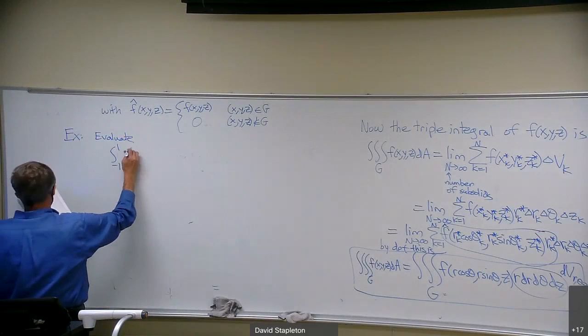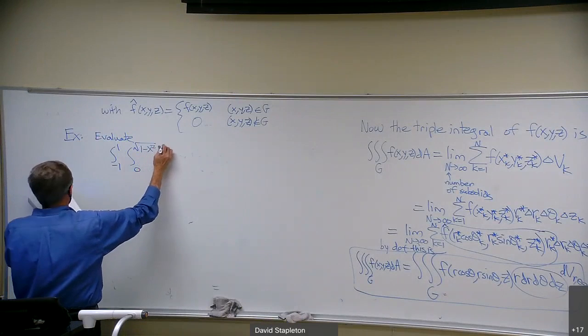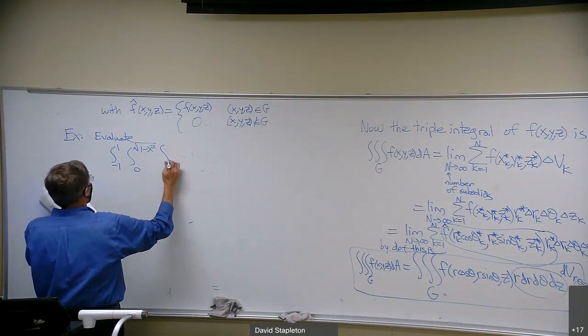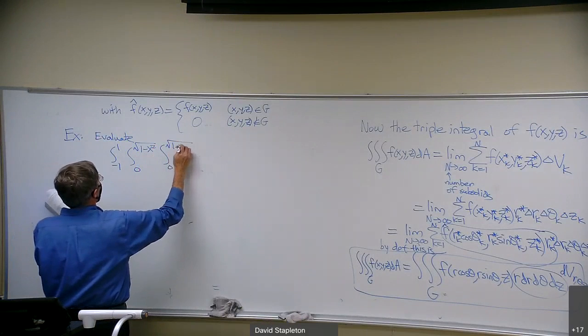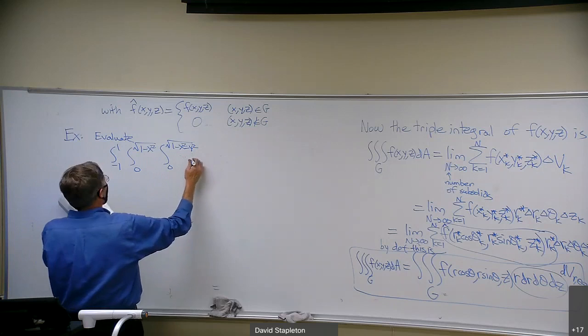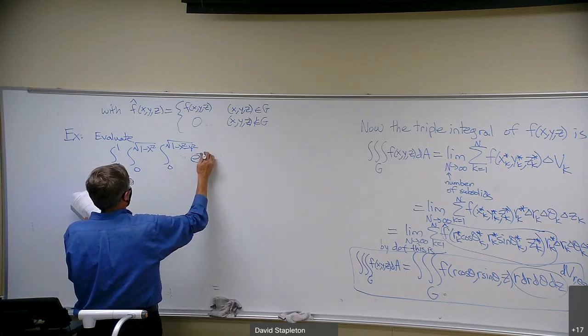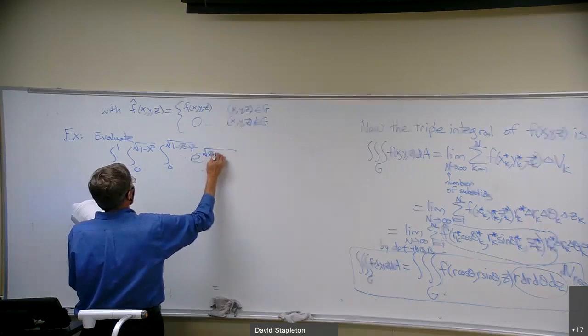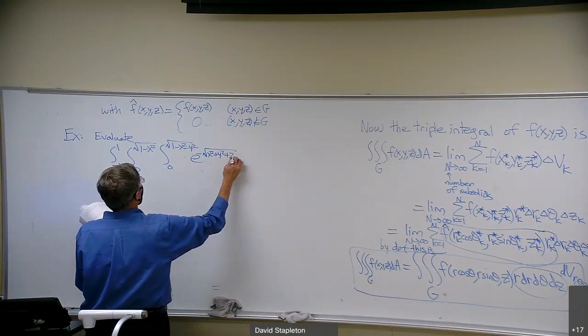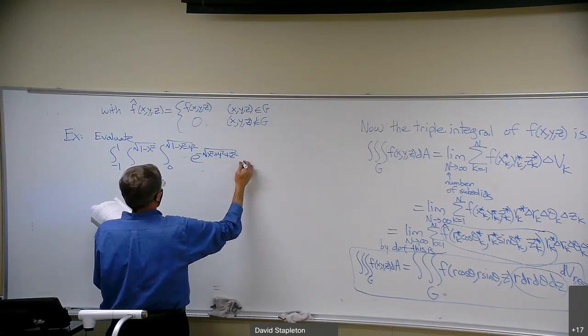Minus 1 to 1, 0 to square root 1 minus x squared, 0 to square root 1 minus x squared minus y squared, e to the minus square root x squared plus y squared plus z squared, dz, dy, dx.